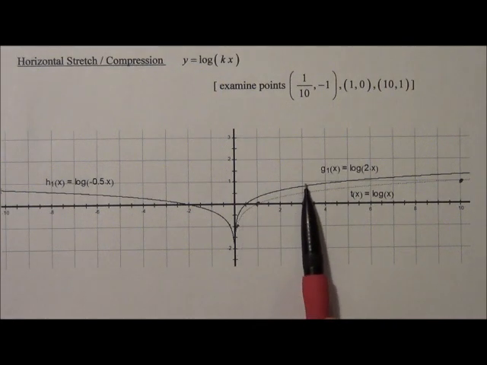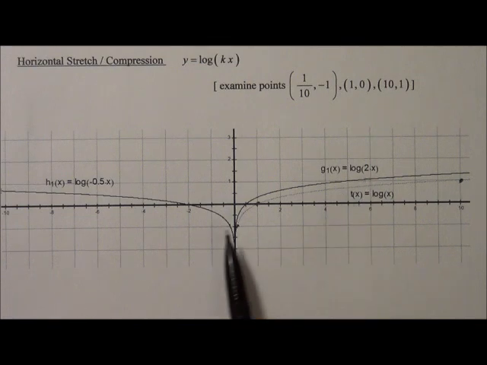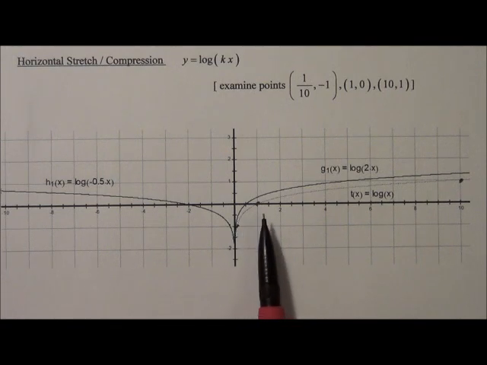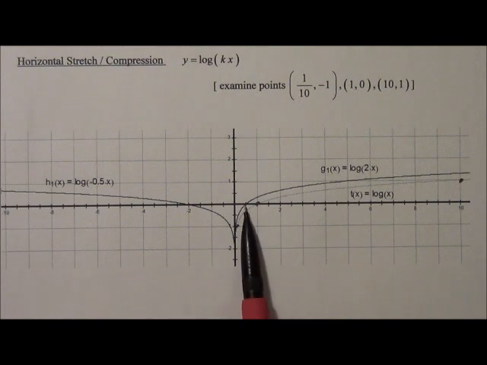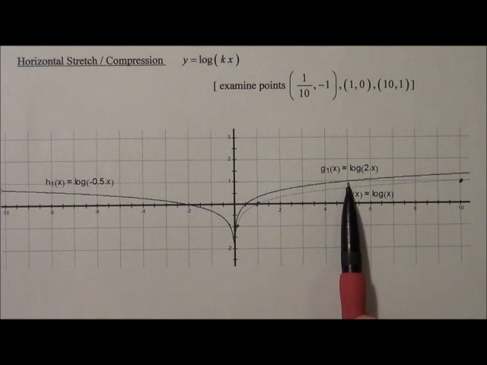So for this graph of y equals log 2x, all the x values are being divided by 2, so this point of (1/10, -1) becomes (1/20, -1), even closer to the y-axis. This point of (1, 0) becomes (0.5, 0), and this point of (10, 1) becomes (5, 1).